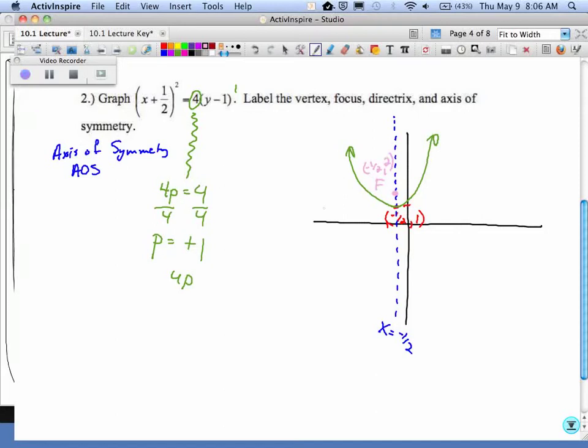Coming down 1 from the vertex will leave me at y equals 0. So that's the directrix. So you have 2 lines, directrix and axis of symmetry, and we have 2 dots, vertex and focus. Any questions on that one?